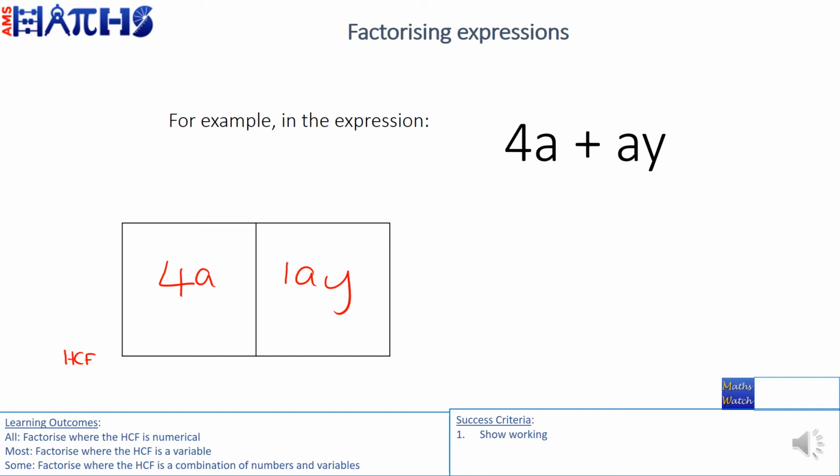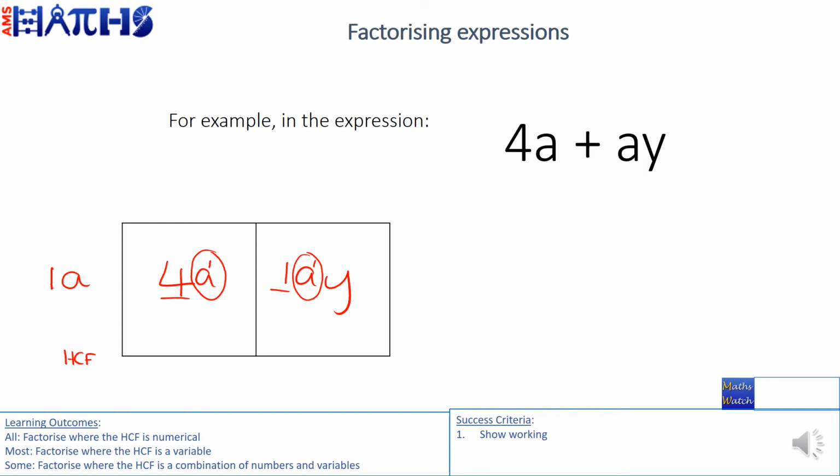So all we'll do now is find the highest common factor of 4 and 1. And the biggest number that can divide 4 and 1 is 1. Then we check for the letters that are common to both terms. That's a and a. They're common. Both powers are 1. So it therefore means that the highest common factor in a is actually just a.